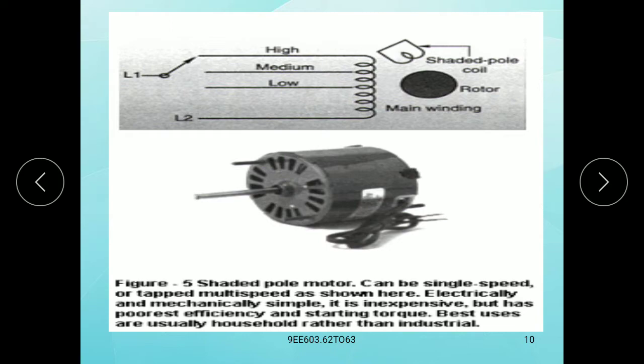It can be single speed or tapped multi-speed as shown here. It is electrically and mechanically simple. It is inexpensive but has the poorest efficiency and starting torque. Best uses are usually household rather than industrial.